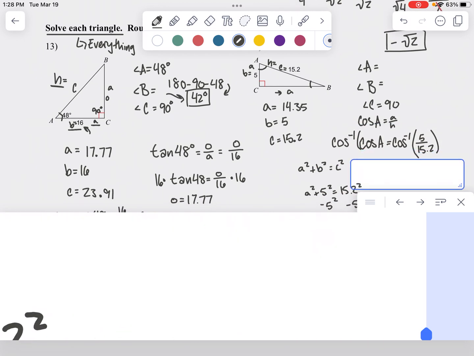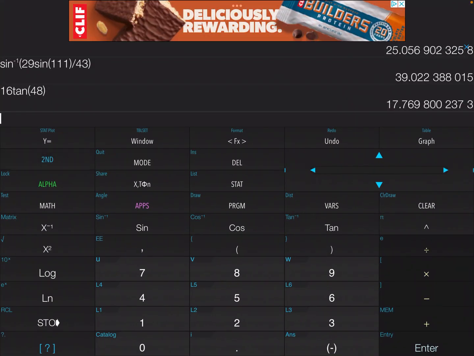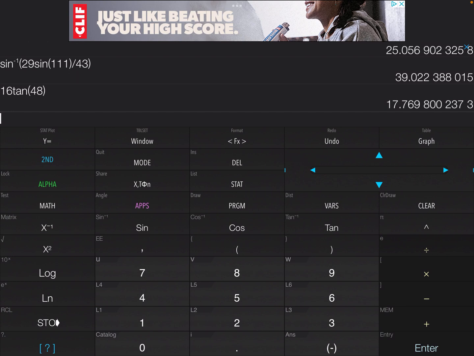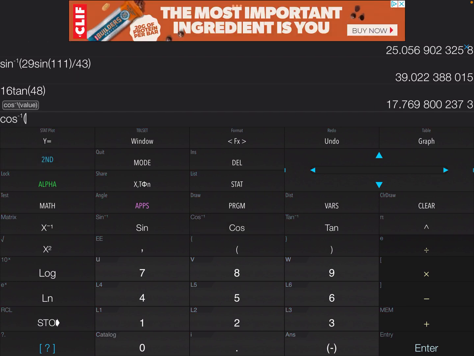When you plug this into the calculator, inverse cosine is a button on your calculator. It's second cosine. You press second, and it will look like cosine raised to -1. That's what you want. Then you type in 5 divided by 15.2.